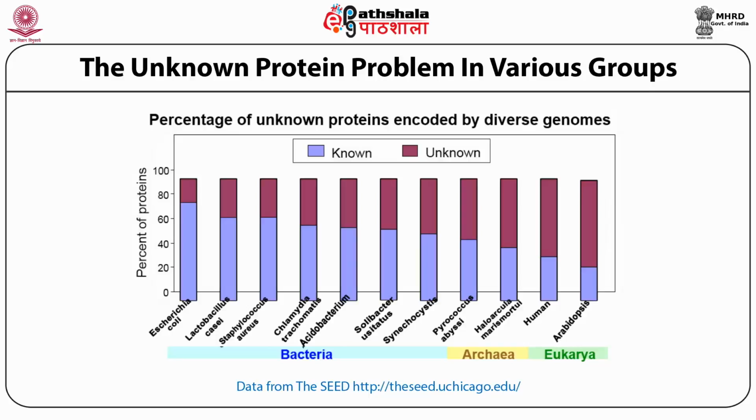Similarly, you can see the percentage of unknown genes in different organisms like Lactobacillus, Staphylococcus, Chlamydia, Acidobacterium, Solibacter, then Pyrococcus, then Helicobacter. Then in the case of human and Arabidopsis thaliana, more than 50% of functions are unpredicted so far. So that's the necessity for comparative genomics: to compare genomic sequences in order to discover function.